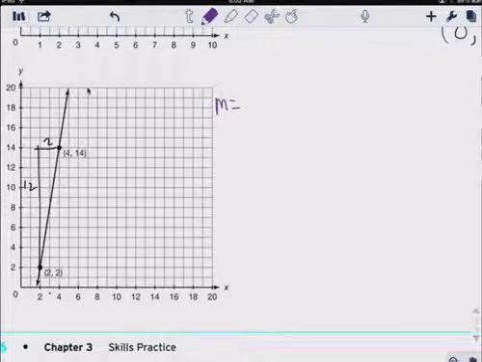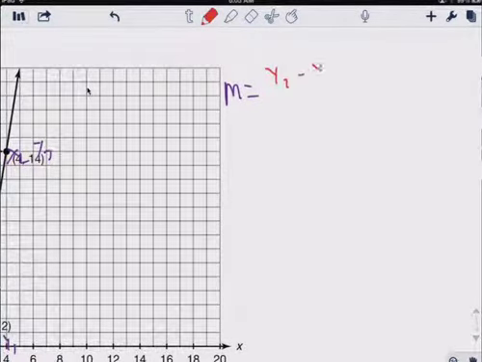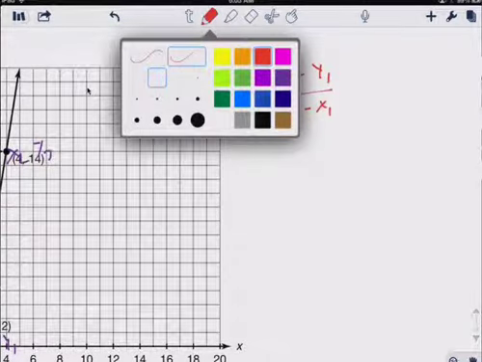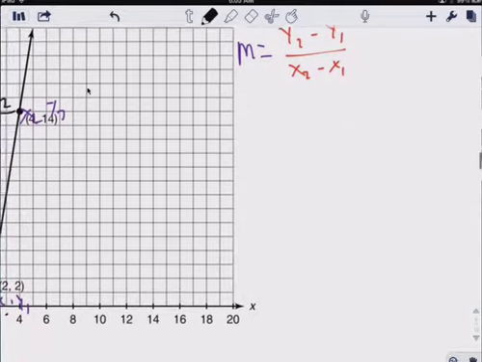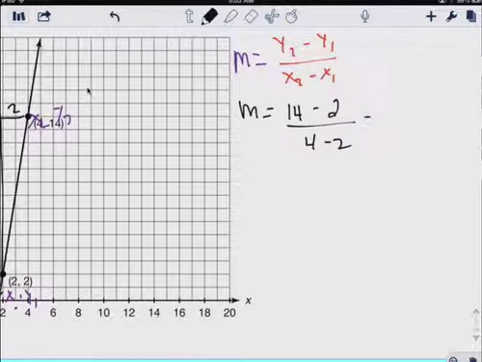M equals y2 minus y1 over x2 minus x1. 14 minus 2 over 4 minus 2, 12 over 2, or 6.